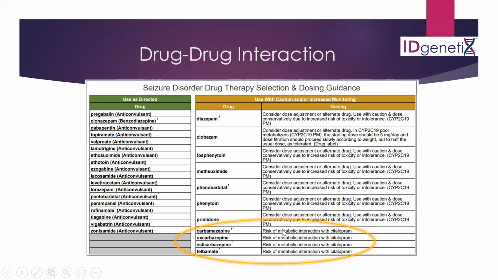And so again, drug-gene interaction comes first ahead of drug-drug interaction, meaning since this patient is on citalopram, if you were to take this patient off of citalopram, there is no drug-gene interaction with these medications. Otherwise, it will show up here first. So since they do not, all these medications will go right on the left column underneath the green, and those are the possibilities to use for the patient.